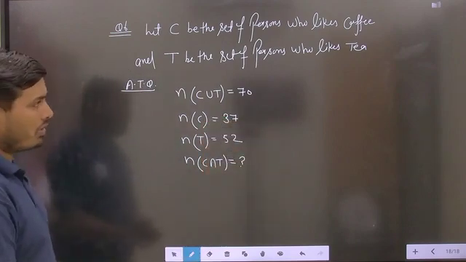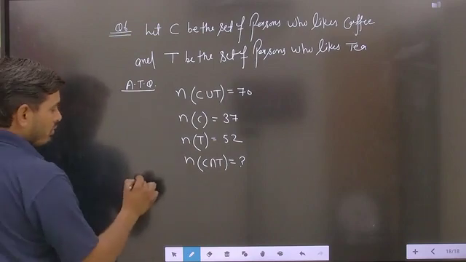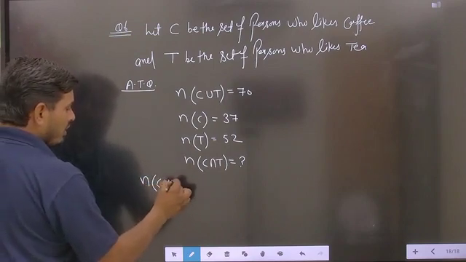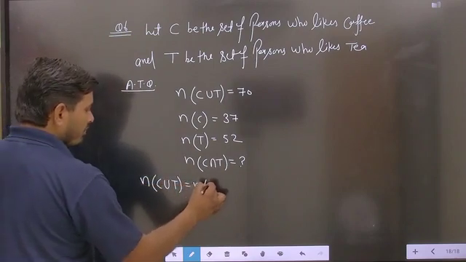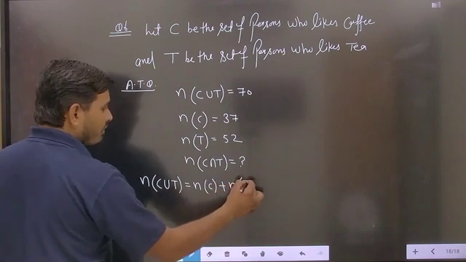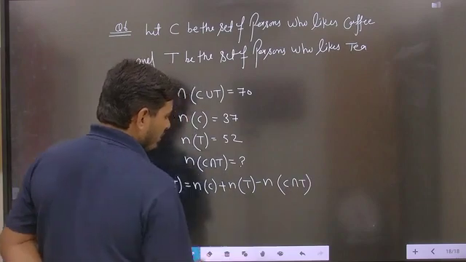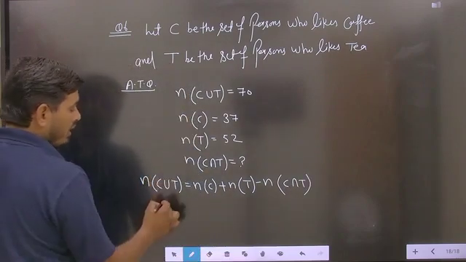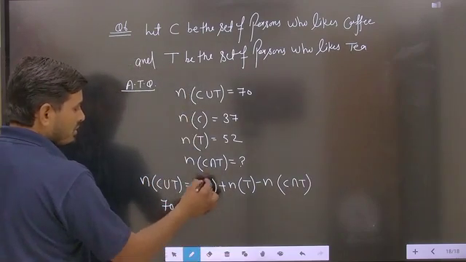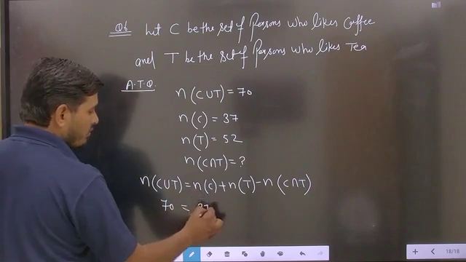So students, you can easily provide the answer, because you know very well that n of C union T is written like this: n of C plus n of T minus n of C intersection T. This union has the value 70. n of C has the value 37.